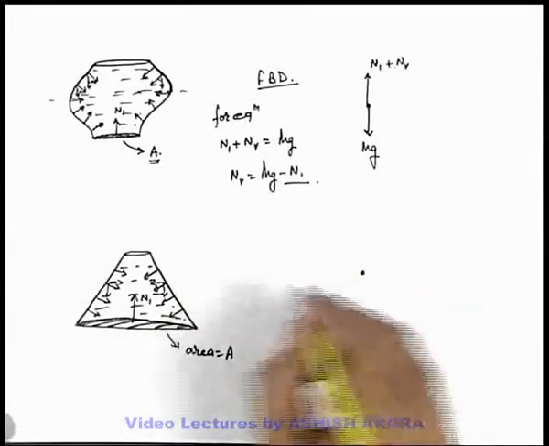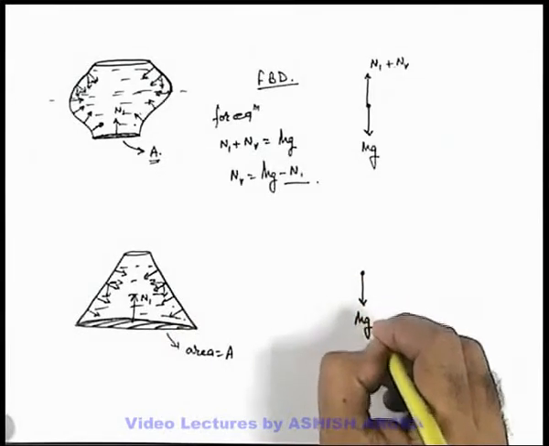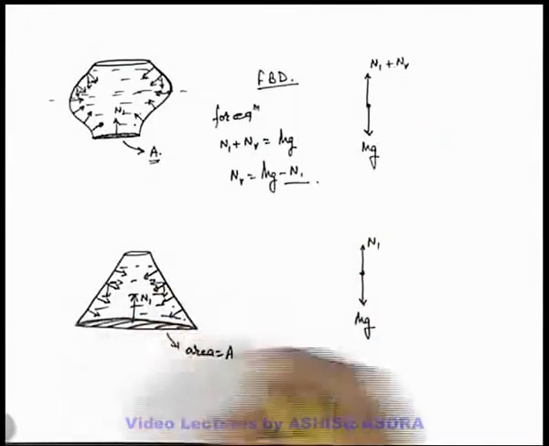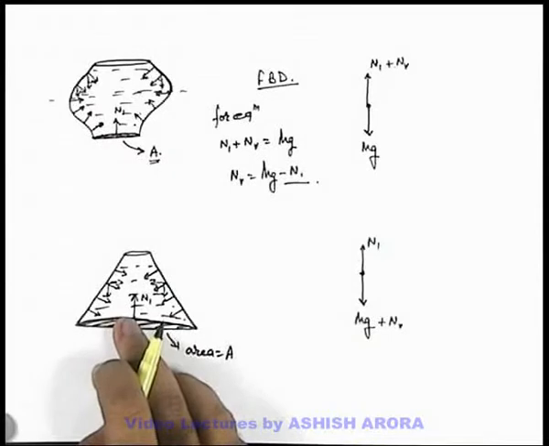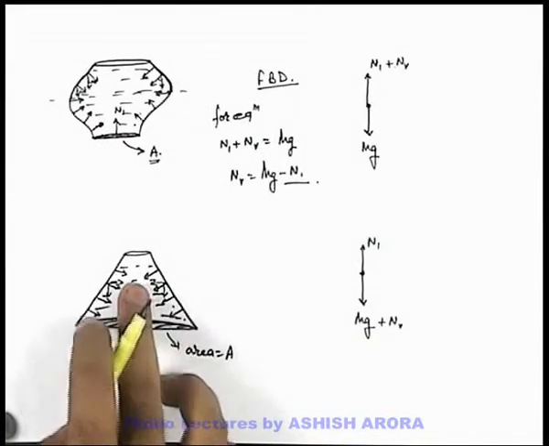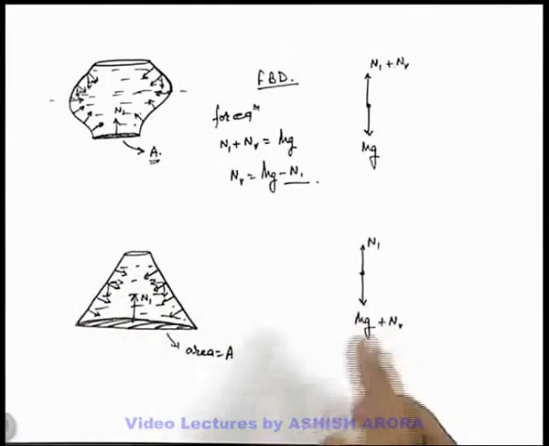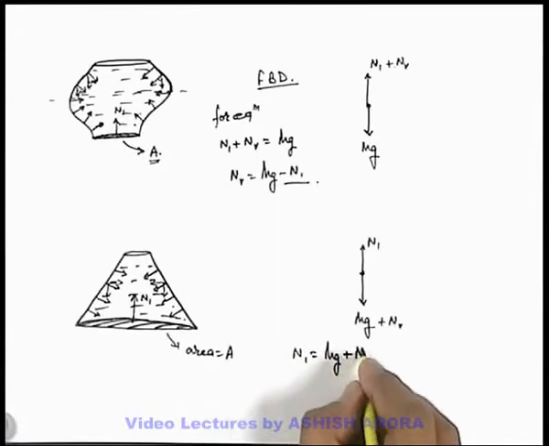If we draw the free body diagram of this fluid body, mg will act in the downward direction, N1 will act in the upward direction, and obviously NV will act in the downward direction, because in this situation the normal reaction applied by the bottom on the fluid body is more than the weight. That's why for equilibrium, N1 must be equal to mg plus NV.